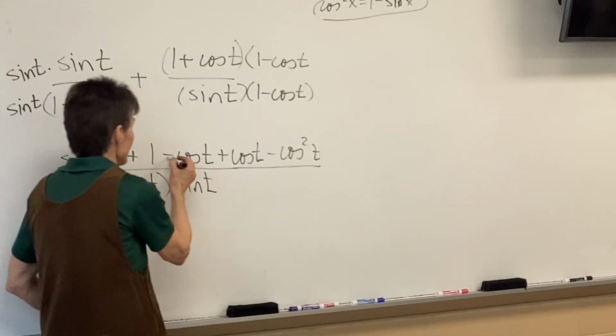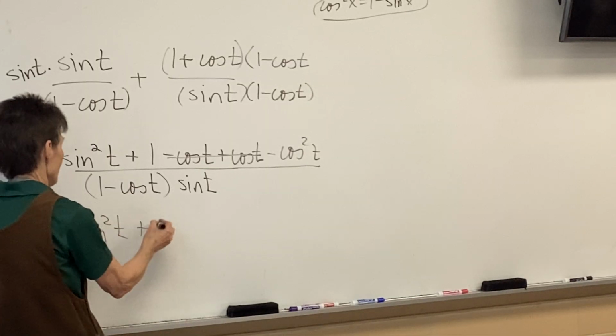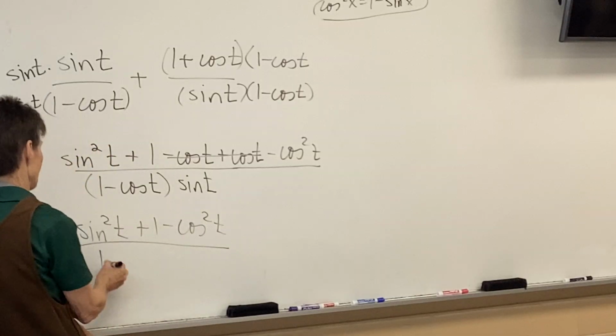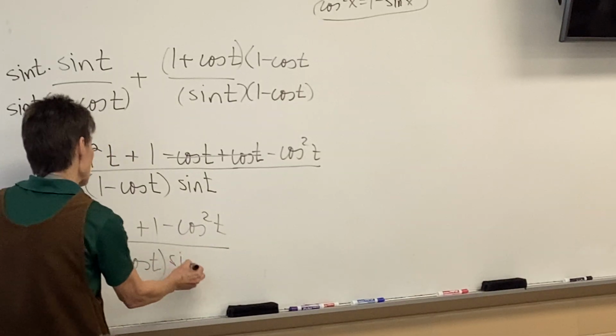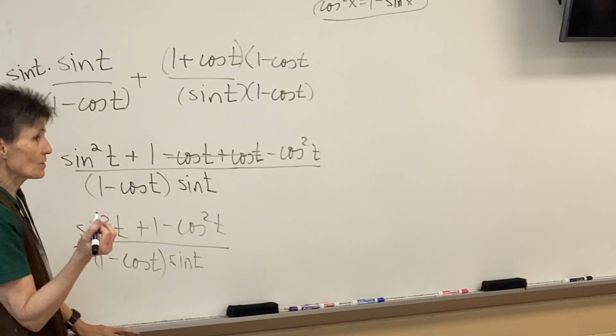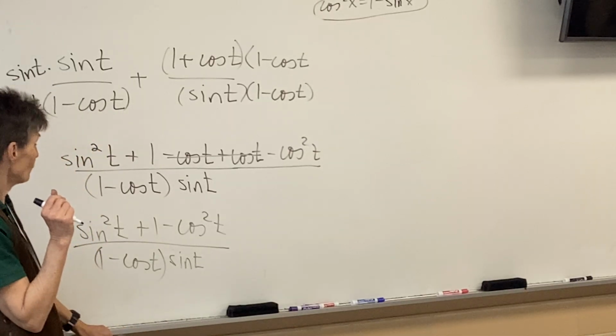These are going to cancel. So now I have sine squared plus 1 minus cosine squared. Now nothing cancels at this point, so don't get carried away. Better keep an eye on what I'm looking for.